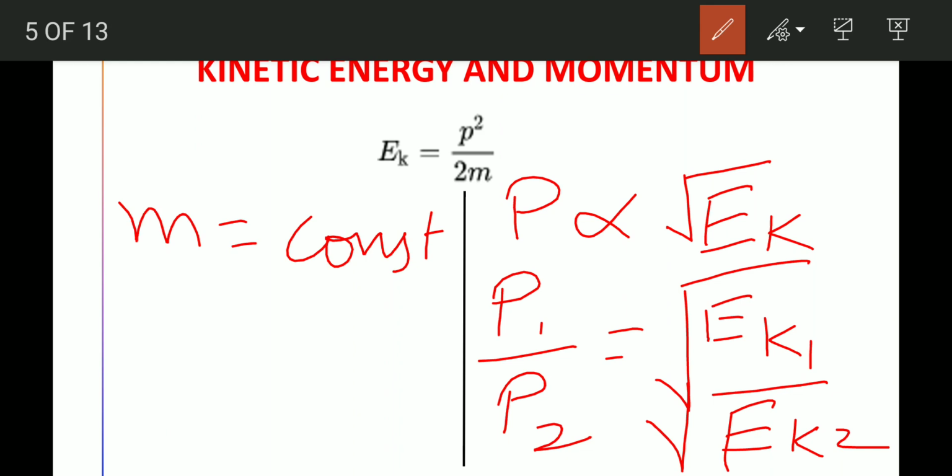So these are the three relationships, not relationship but the ratio that exists between momentum, kinetic energy and mass. Out of the three, one is constant and the rest of the two are related in the manner which was shown just now.